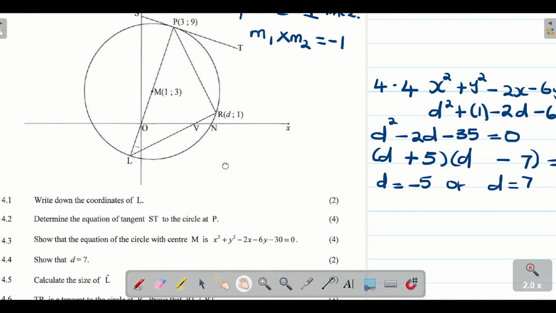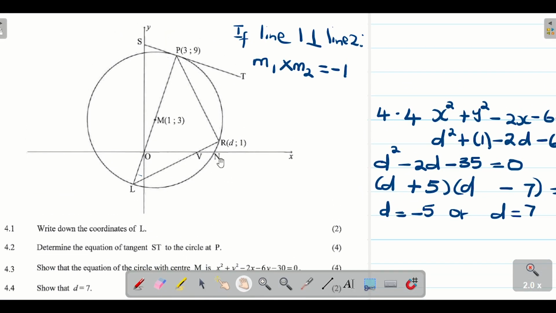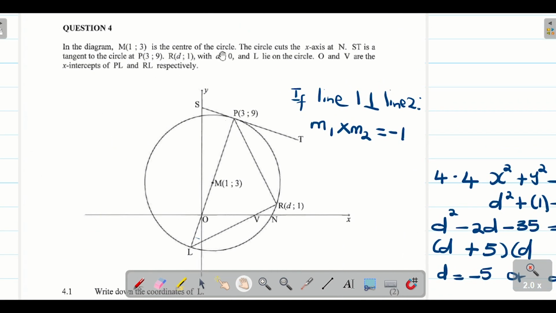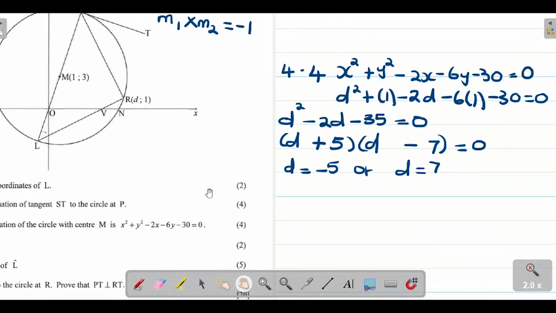When you look at this, already you can see that point R is on the positive side of the x-axis, meaning D is supposed to be positive. They also told us that D must be greater than 0, meaning D, the x value of R, has to be positive.